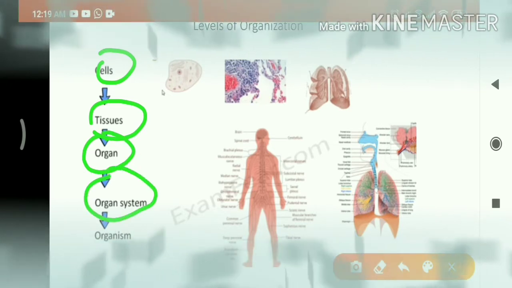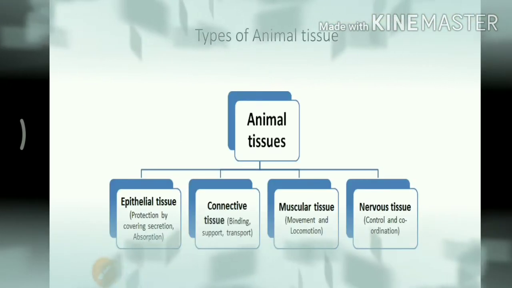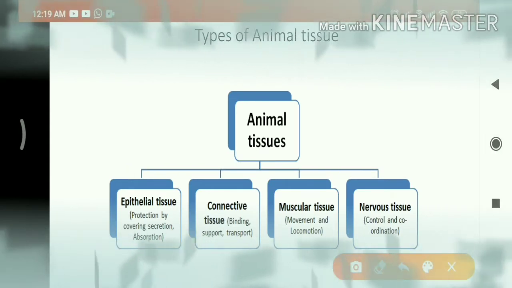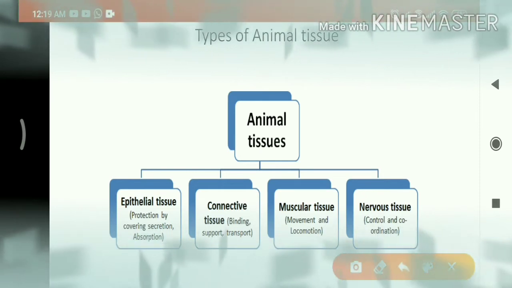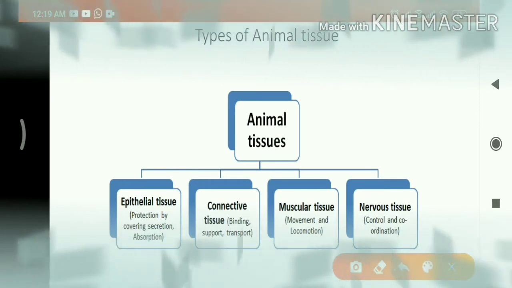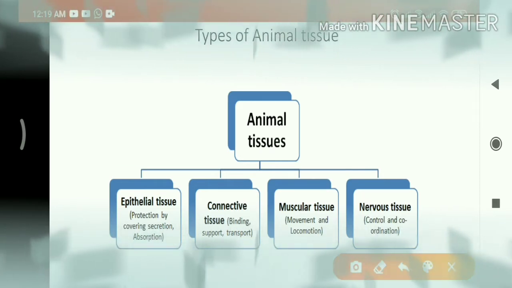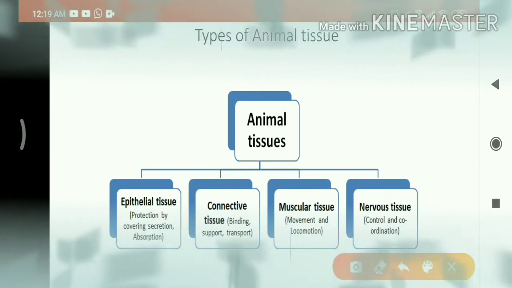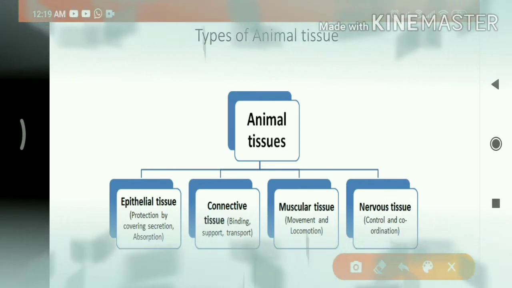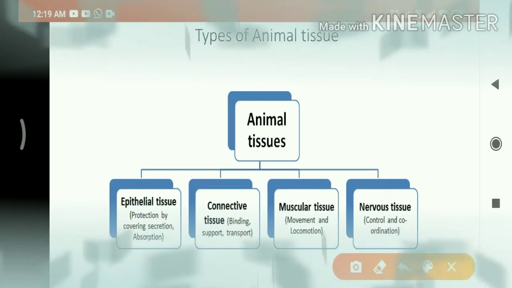Because in the previous slide you have seen, cells group together, then form tissues, organs and organ systems, right?